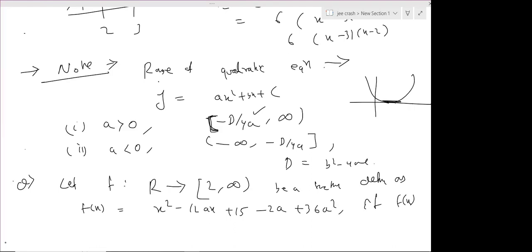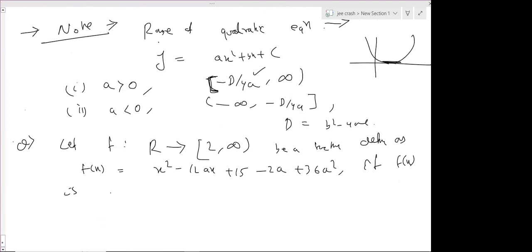If f of x is surjective on R, then the value of a is equal to what? All right.